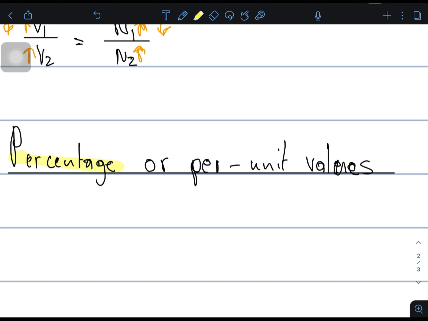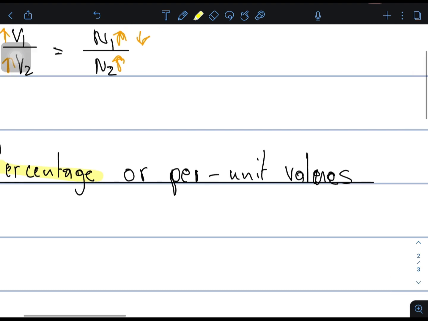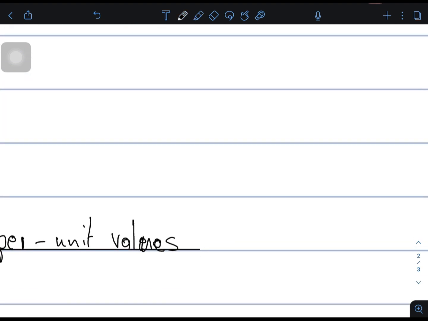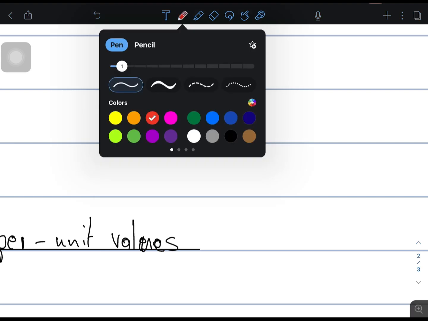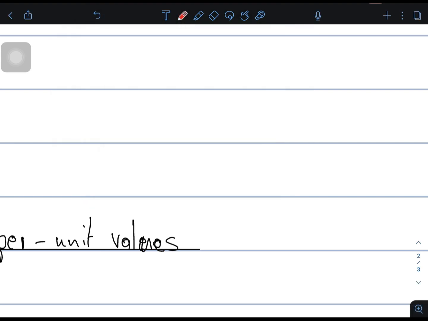Per unit value, guys. If let's say you have 23 out of 50 and you want the percentage, you take this 23 and divide it by what? By 50.